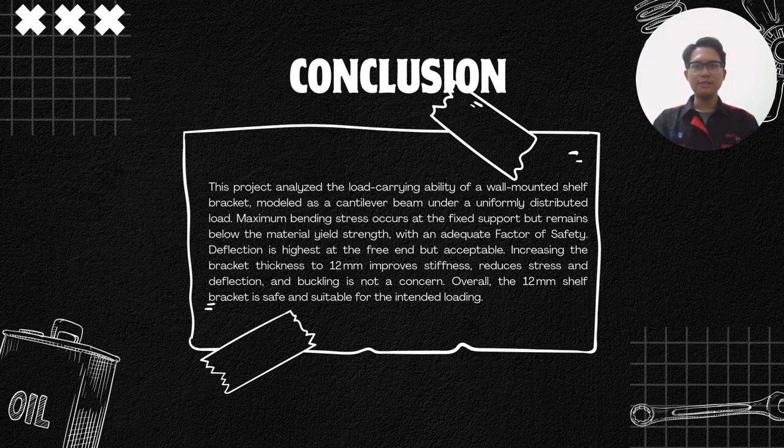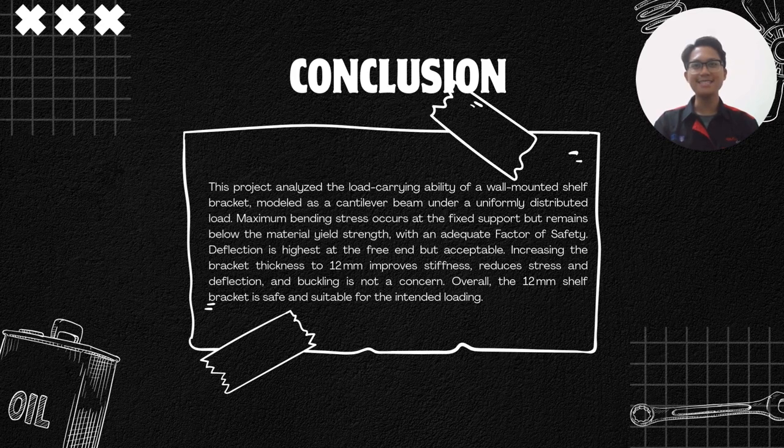Conclusion: this project analyzed the load-carrying ability of a wall-mounted shelf bracket, modeled as a cantilever beam under a uniformly distributed load. Maximum bending stress occurs at the fixed support but remains below the material yield strength, with an adequate factor of safety.